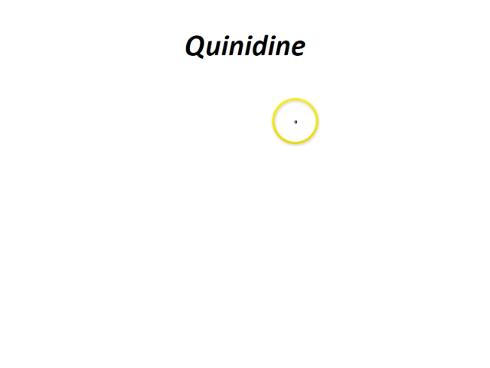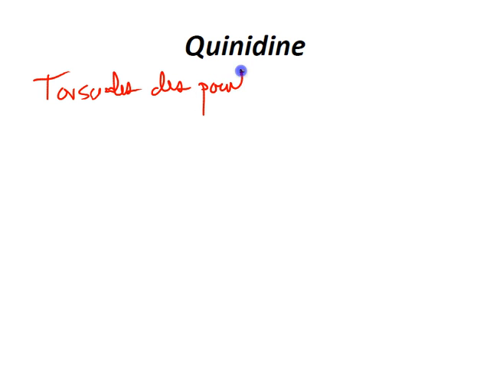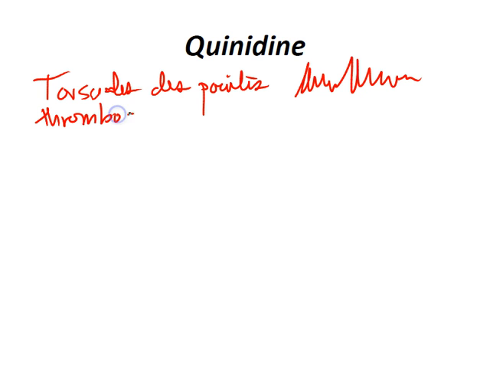Doing good. Quinidine. Quinidine, this one can lead to something called torsades de pointes. No bueno. On the EKG, you can't miss this guy because he just looks like this. Scribbled all over the place. Can also lead to thrombocytopenia and tinnitus.